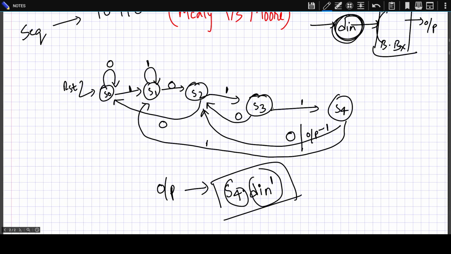Only this dn is an external input. So from the output equation itself you can make out whether it is a Mealy machine or a Moore machine. For this video we have done the Mealy machine. In the upcoming video, you will learn about the Moore implementation, and we will compare these two.